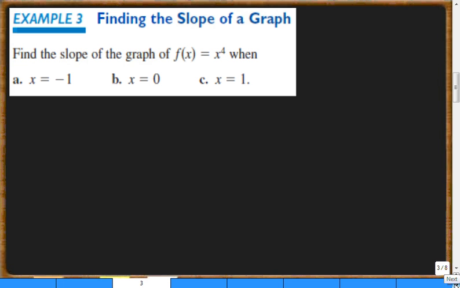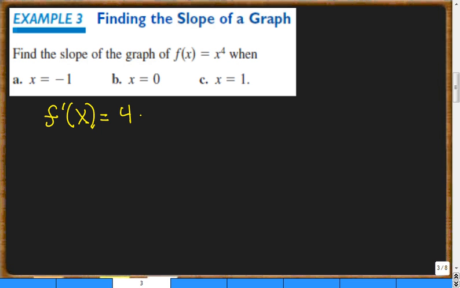Okay, so finding the slope of a graph at a point, where we have these 3 different points, -1, 0, and 1, we need to first find our derivative. So if we were to find f prime of x, the function is x to the fourth. So this is a perfect time to use the power rule.